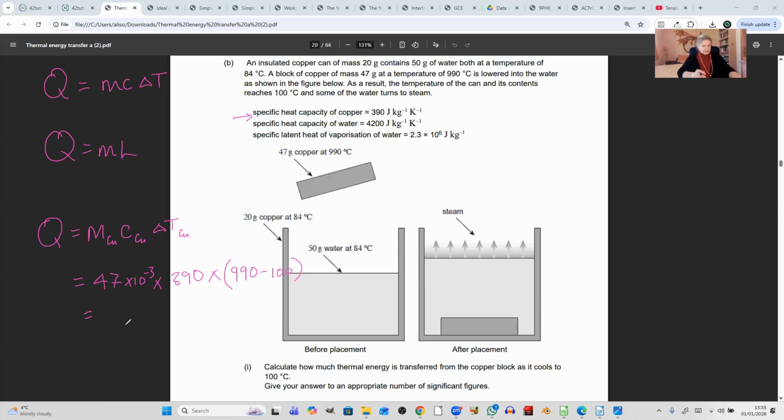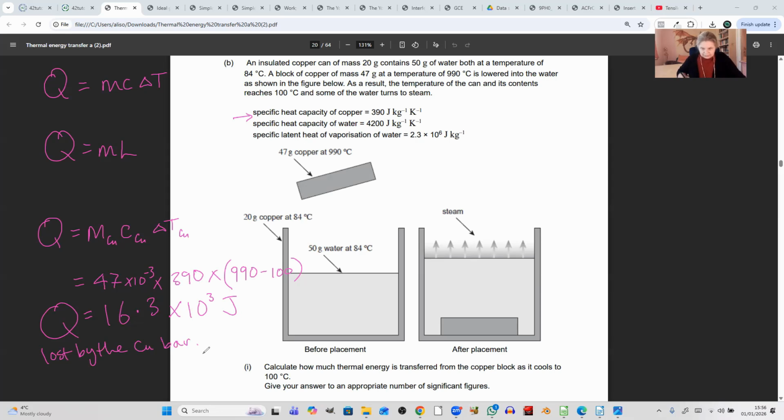So if we actually do this, what do we get? 47 times 10 to the minus 3 times 390 times 990 minus 100 gives me a silly number. I get 16.3 kilojoules, times 10 to the 3 joules. Okay, that is the heat lost by the copper bar.